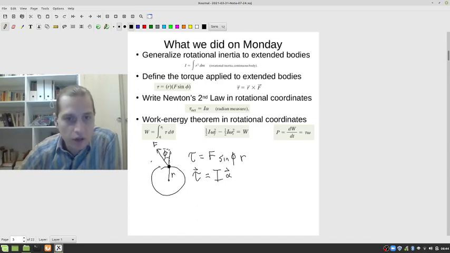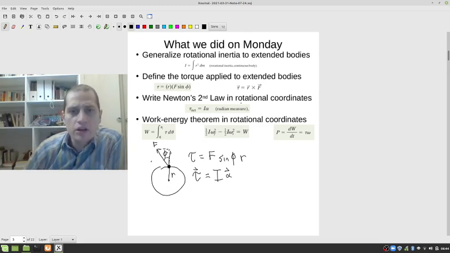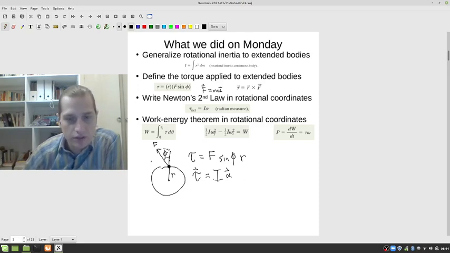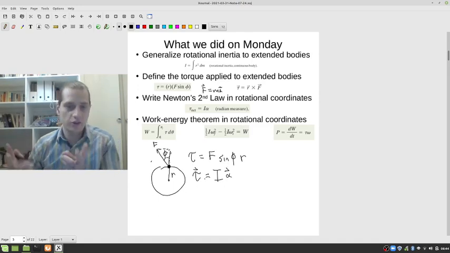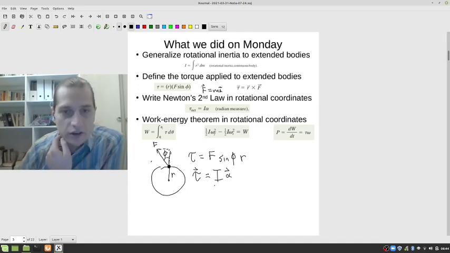So if you add up all the forces, and in fact you have to add up all the torques, that'll give you the way that this object is accelerating tangentially. So it's doing angular acceleration this way. And remember, Newton's second law was F equals ma in linear terms, and it's going to be torque equals I times alpha. So torque is like an angular force, I is like your angular mass, and alpha is like your angular acceleration.